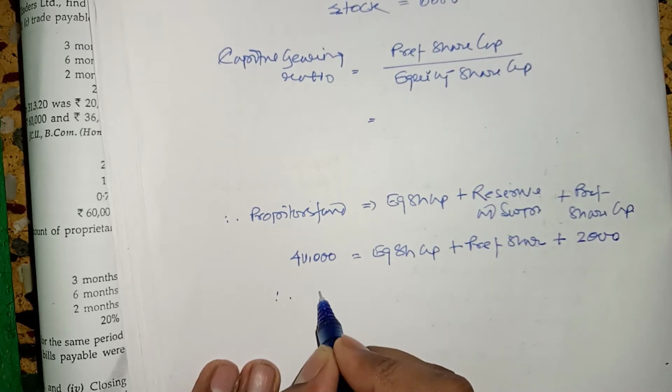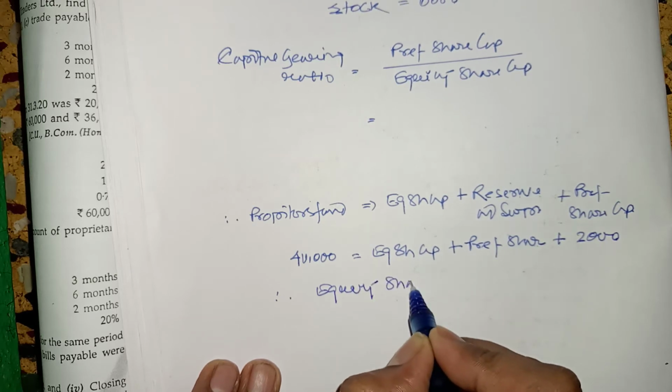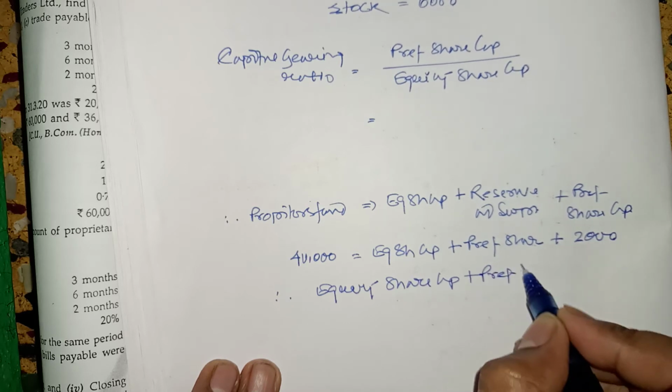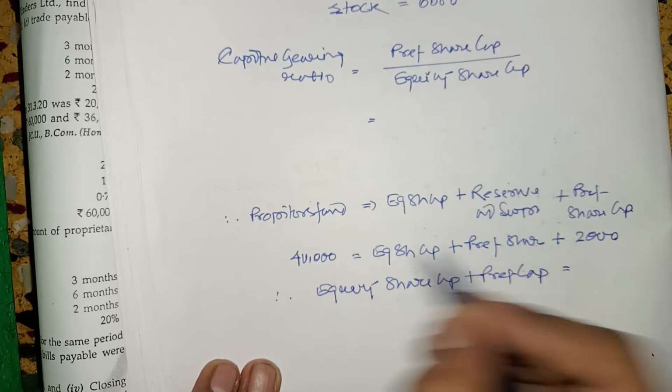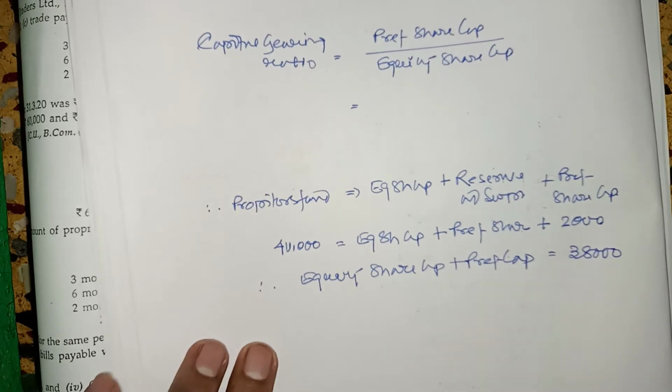So as a result, we can say that our equity share capital plus preference share capital is equal to 40 minus 2, that is 38,000.